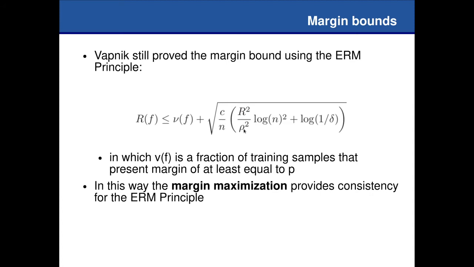Okay? The better case is, of course, when these two are quite similar, very close. That's the same as containing all points from the positive class in a single place over here, all negative points in the same region here. So my R, my radius enclosing everything, is going to be quite similar to my margin rho. And of course, this would reduce as much as possible my shattering coefficient.